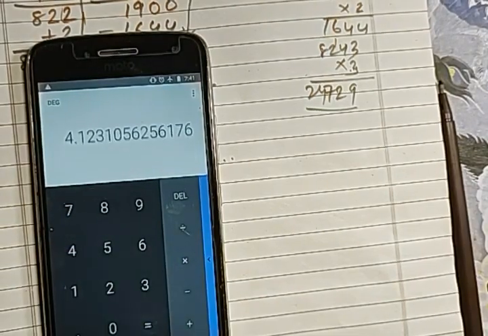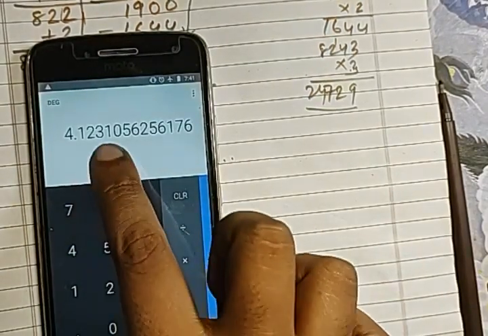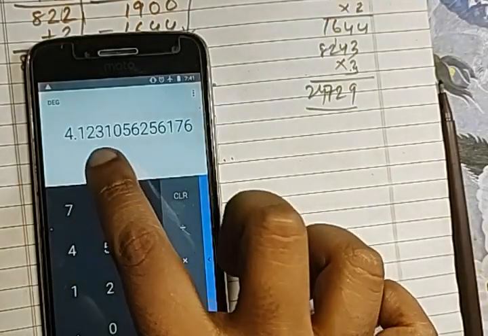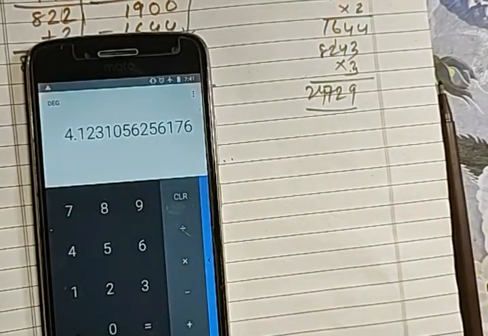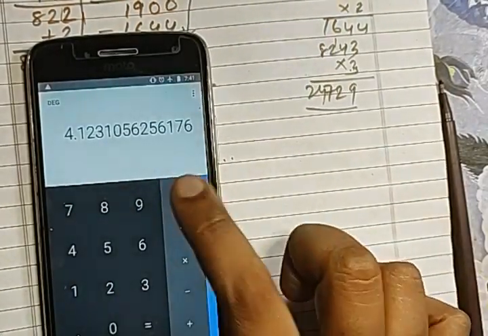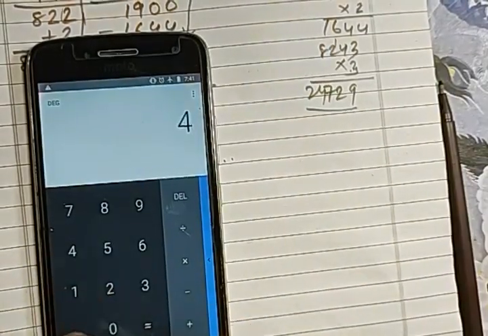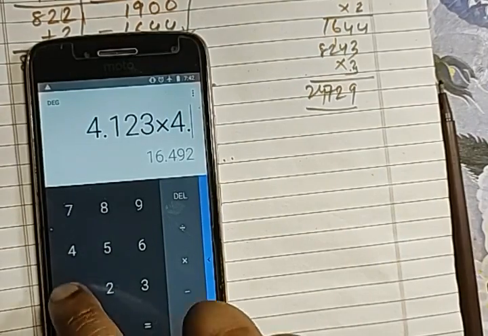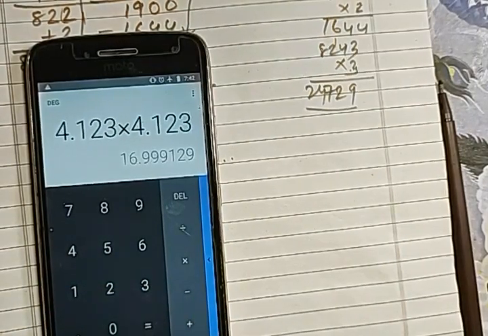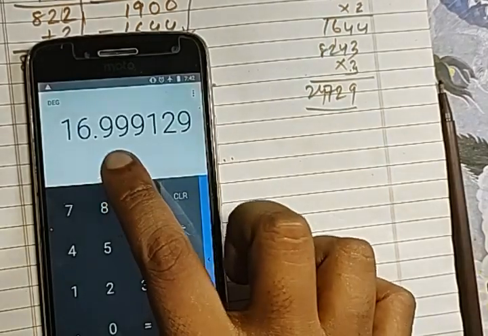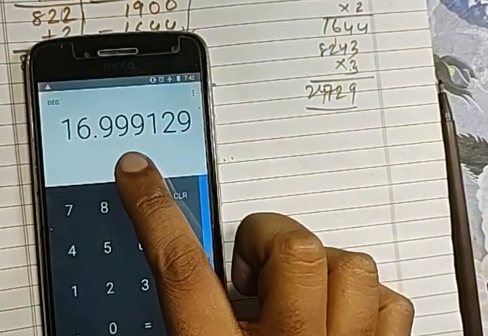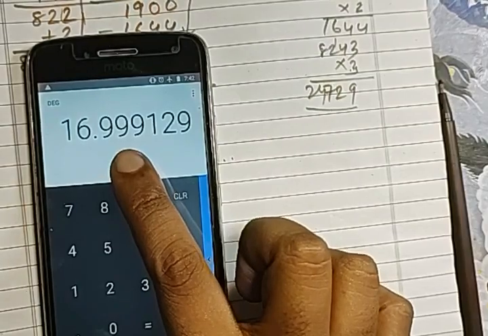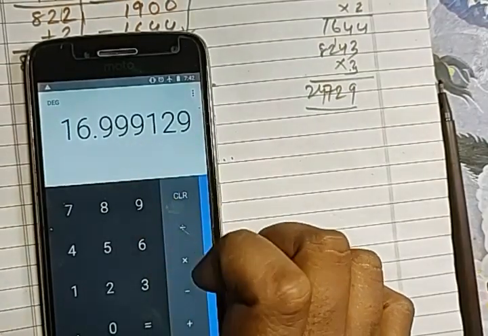You can see the value 4.123, and some more numbers are there. We have taken only 3 decimal places. And let's multiply 4.123 by 4.123. See, how much is it coming? 16.999. So approximately it is coming 17 only, almost 16.999. We can take it as 17.